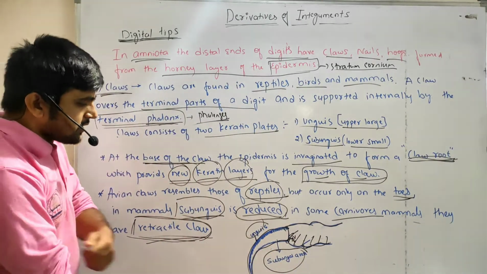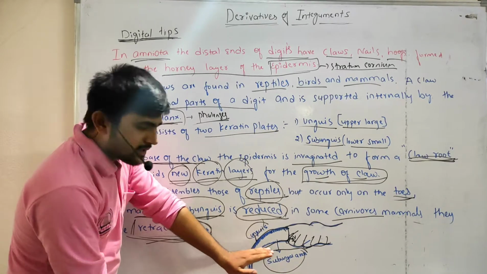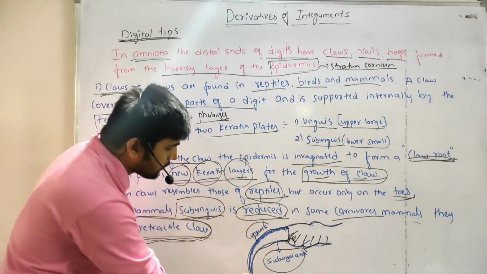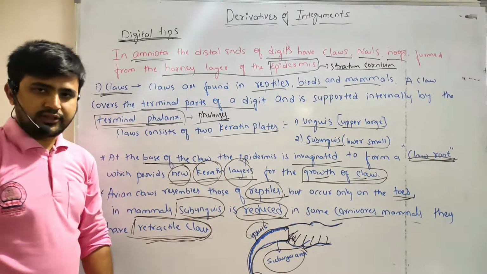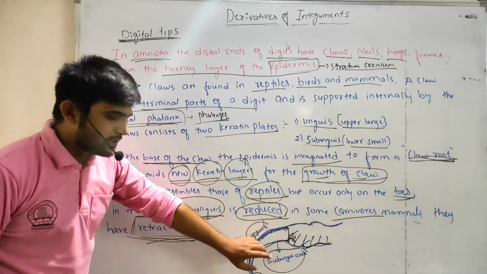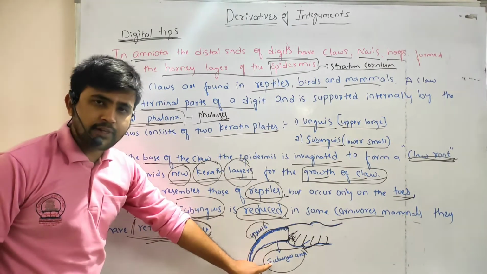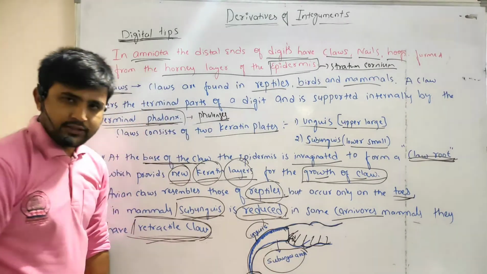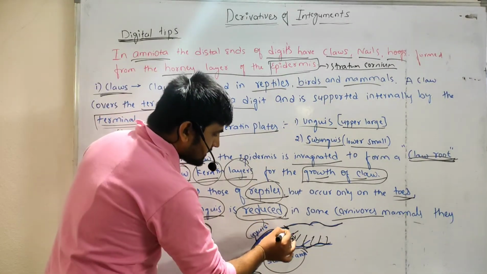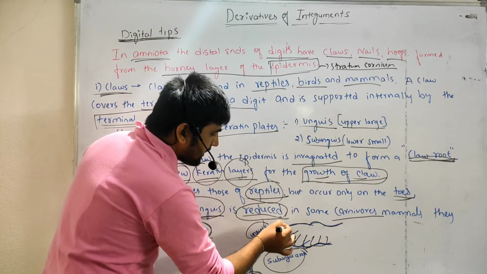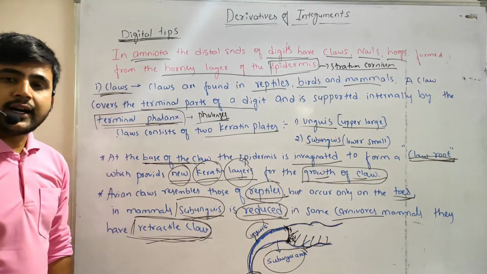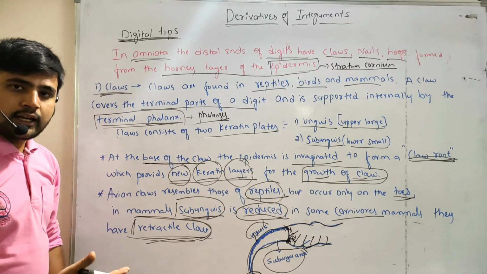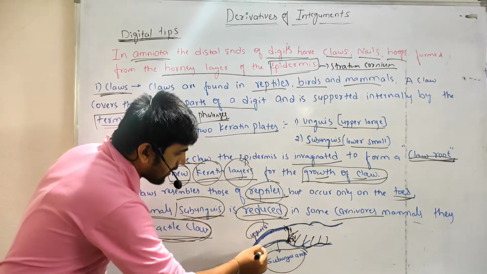First, the anguis and subanguis unite and converge to form a pointed structure. So the claw is made up of anguis as well as subanguis, and they both unite together to form a pointed edge. Second, this is the invaginated epidermal layer, which provides the claw root, which helps in providing the keratin layer to grow this claw.